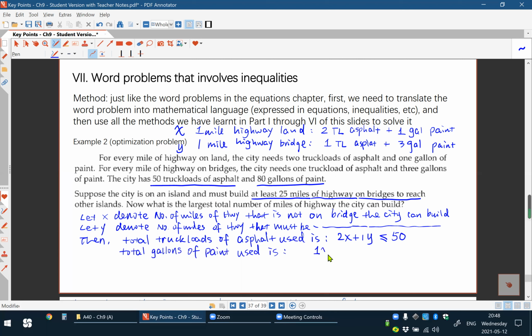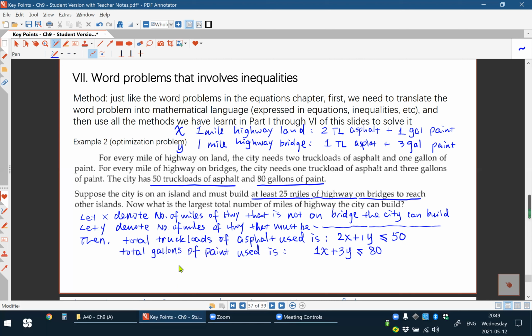So 1x. And for any 1 mile of highway that is on the bridge, we need 3 gallons of paint, right? So plus 3y. This is the total gallons of paint we use. And because we only have 80 gallons of paint, this number should be equal to or smaller than 80, right? This is another constraint.